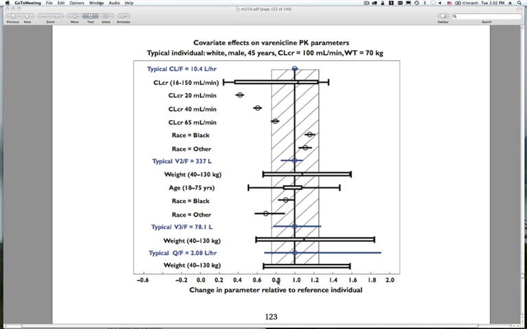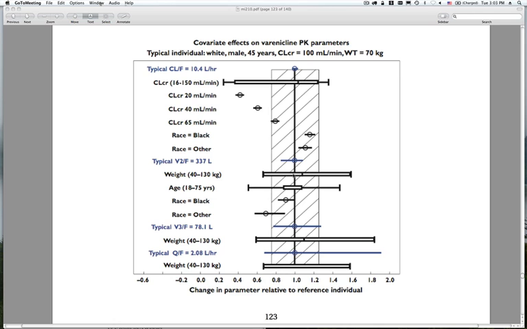The scale on the bottom here is the change relative to the reference individual. So the reference individual is pinned here at 1, and that's what this vertical line indicates. There's a plus or minus 25% box around that, just for reference.